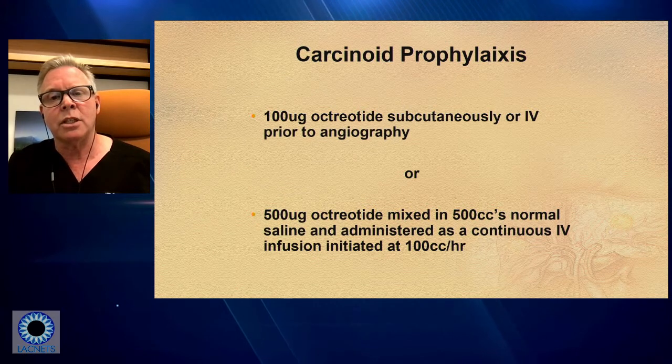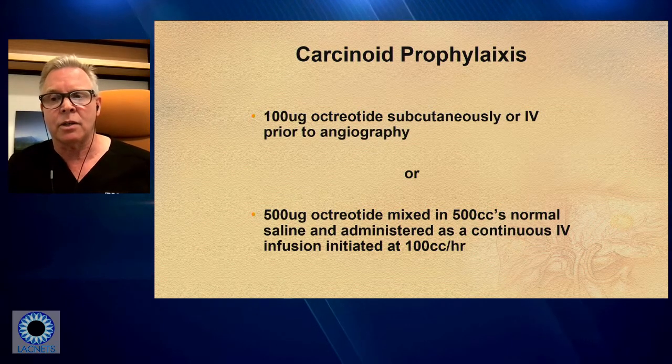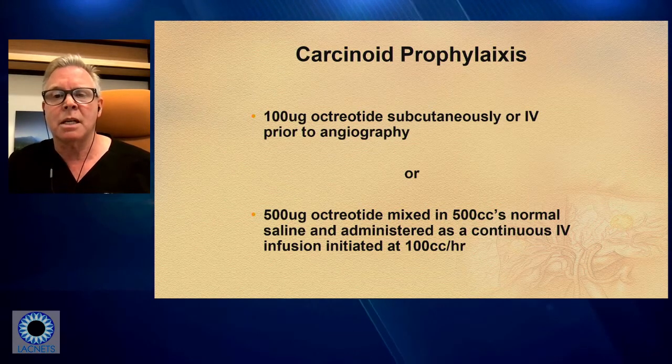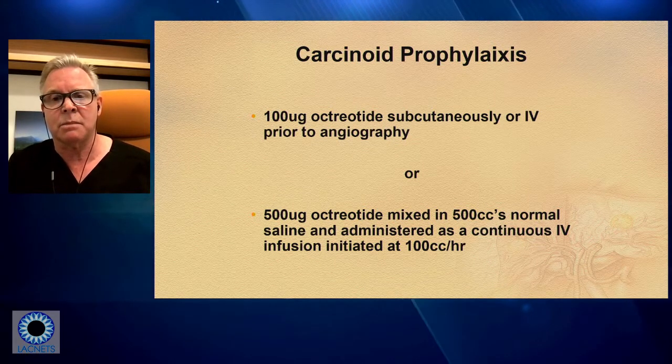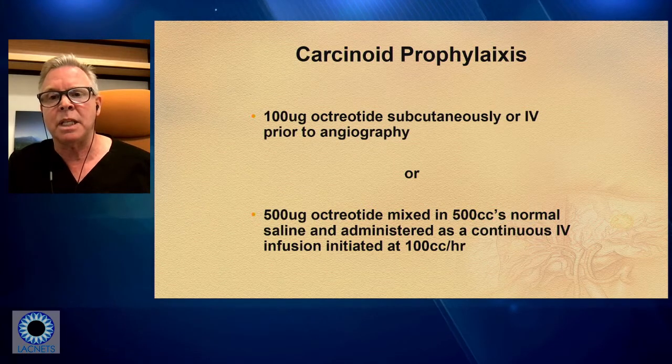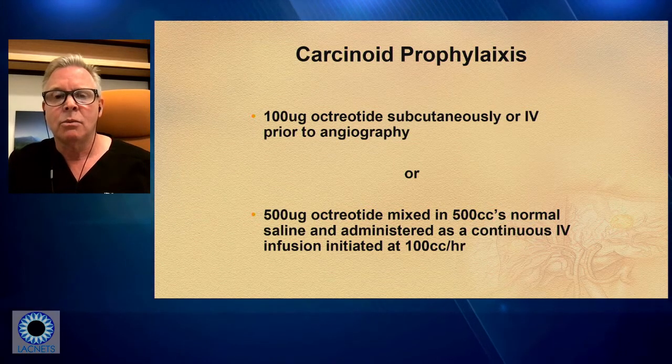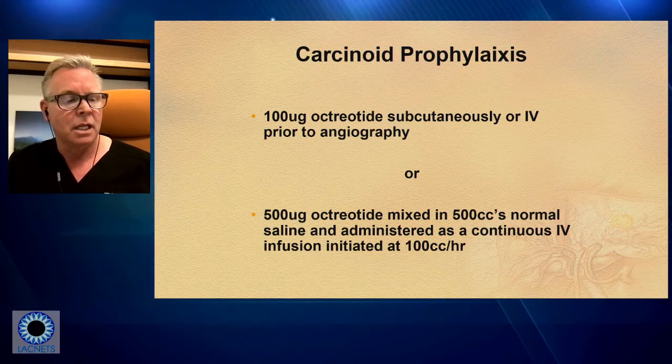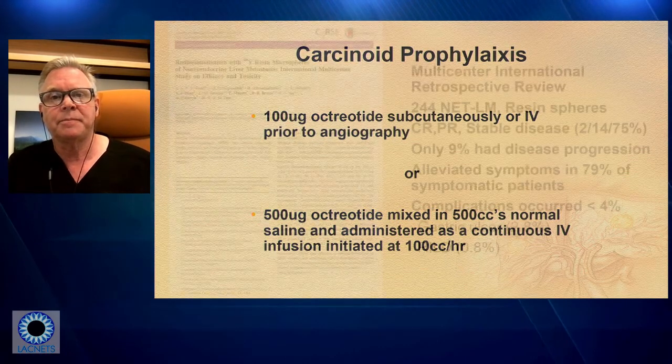In patients that we know have labile disease, because as we embolize these tumors, they're going to get angry and secrete their proteins and hormones, we will mix up a bag and titrate it, or drip it in based on symptoms. And it's very easy to speed it up or take it down. We tend to run the octreotide for about 2 to 4 hours after the embolization procedure.